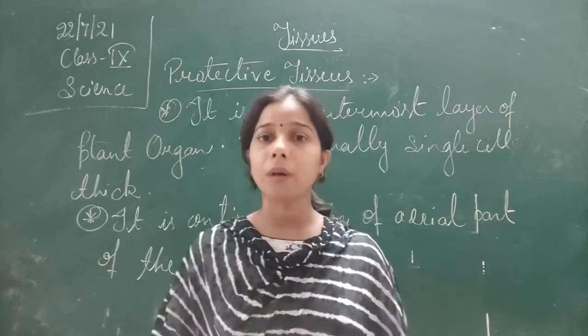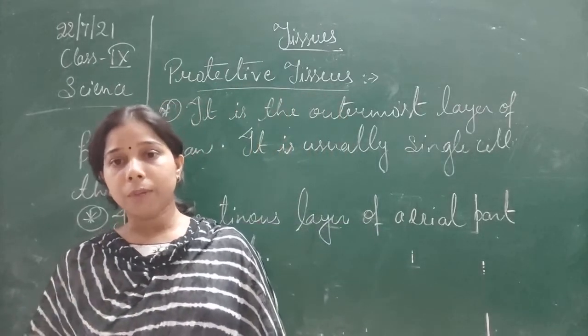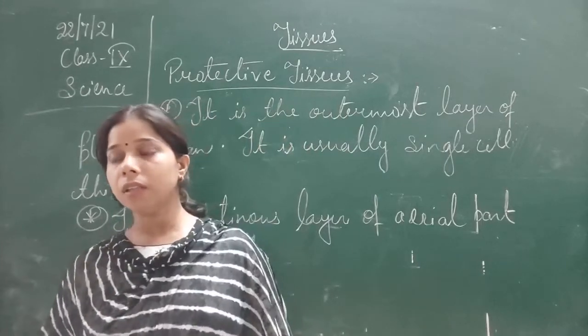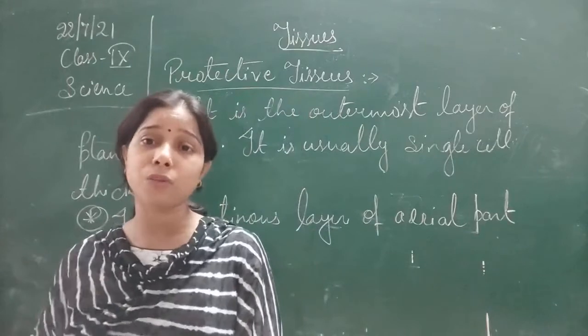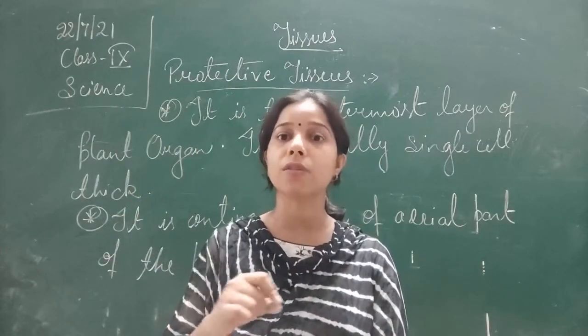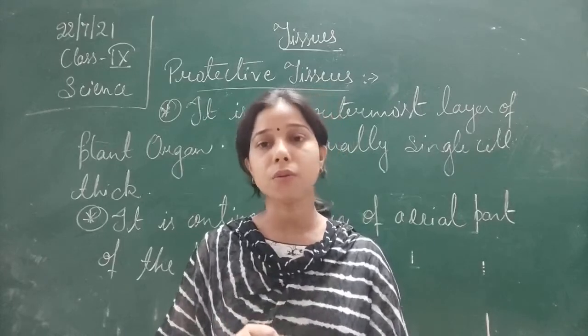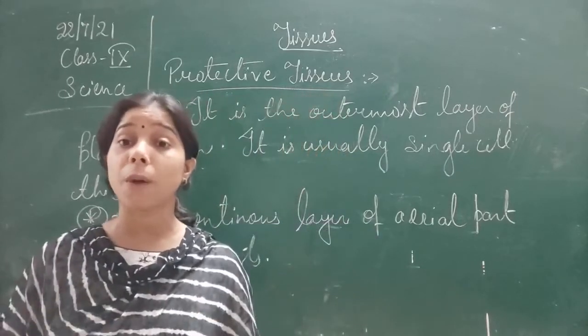Now, let us talk about the roots. In case of a root, from the epidermis a hair-like strand comes out, and this is called the root hair. What is the role of a root hair? Root hair is responsible for absorption of water.